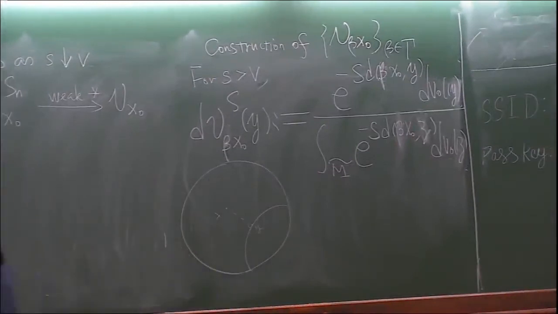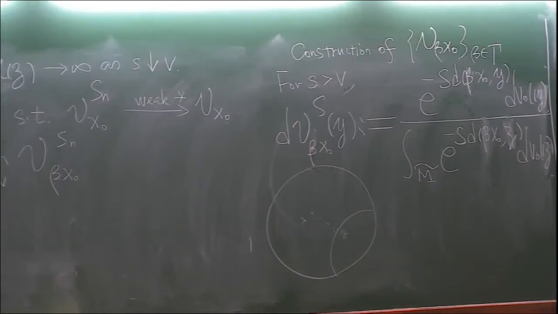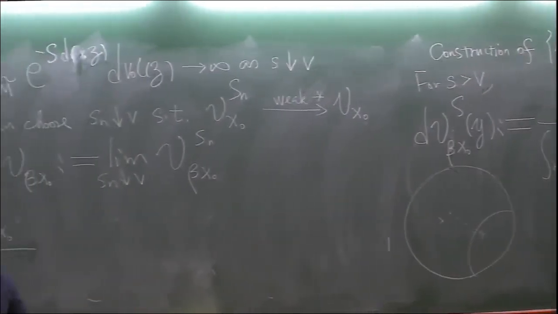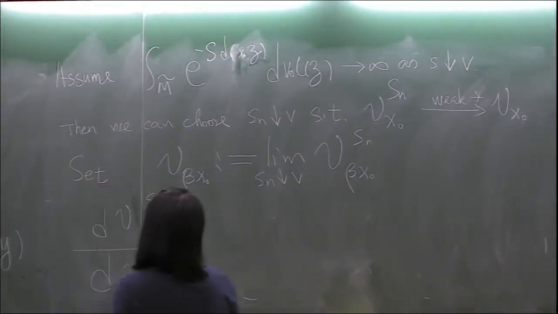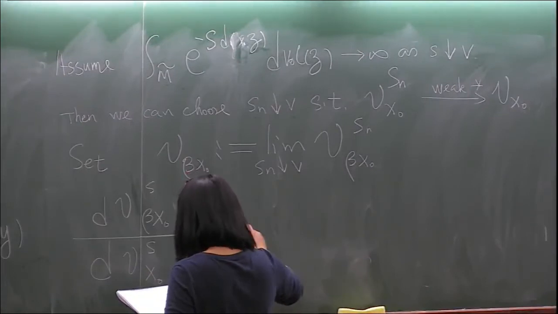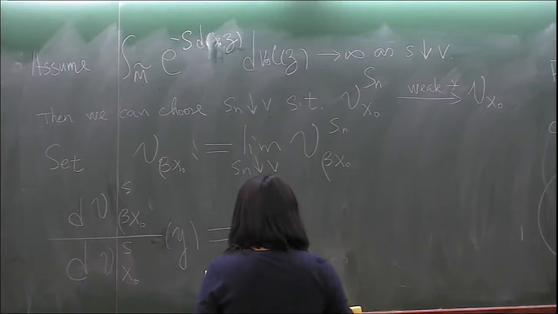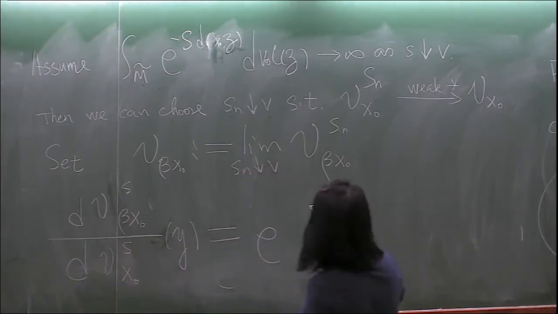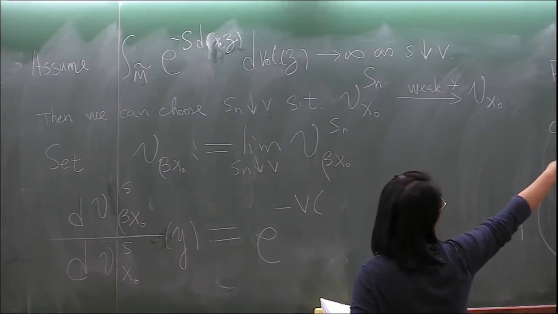Okay. So you set this one, then you can see the Busemann function will appear naturally because the differential of beta x naught, the Radon-Nikodym derivative by our definition at y will equal e to the power minus v, right?